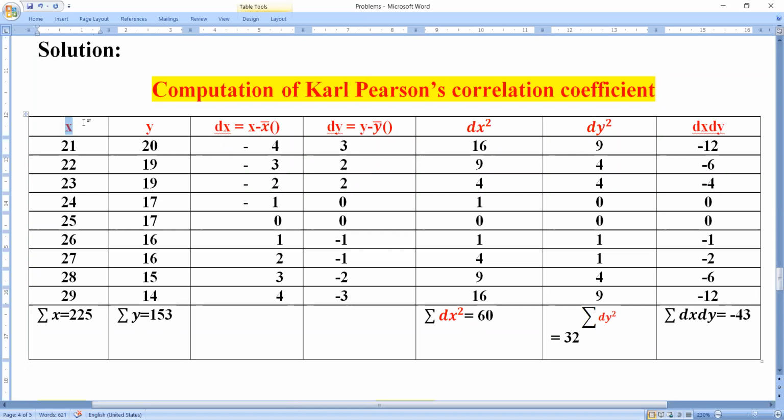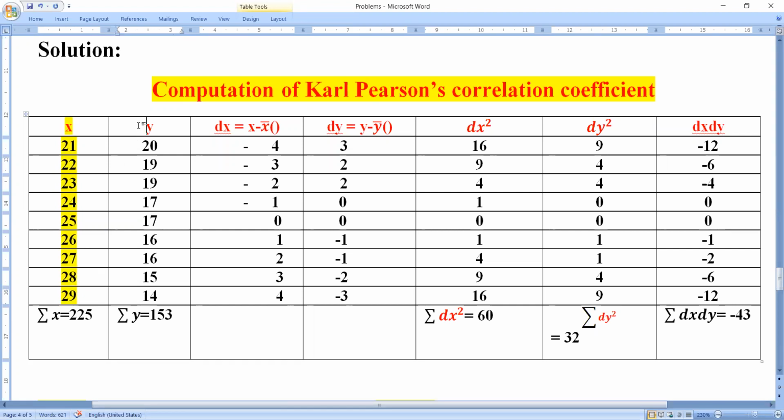First of all, you should write down the series they have given, the X series and the Y series. The X series values are given in the problem: 21, 22, 23, 24, 25, 26, 27, 28, 29.